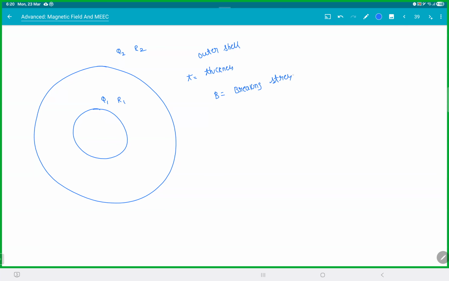Right? Can you find the minimum thickness so that the shell doesn't crack? Just get me the equations. So we have a Q1 and we have a Q2 concentric.